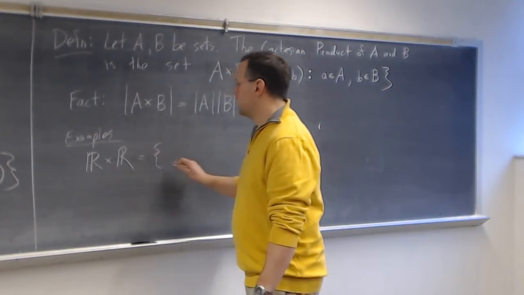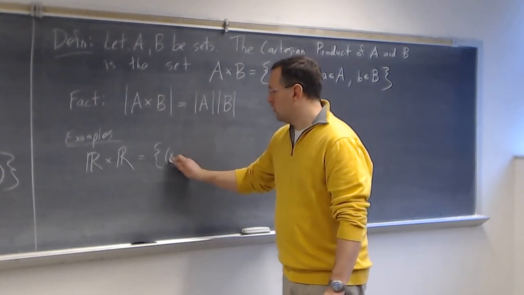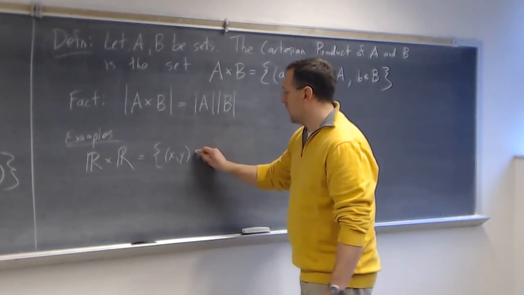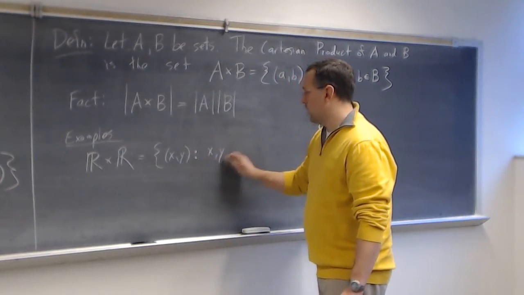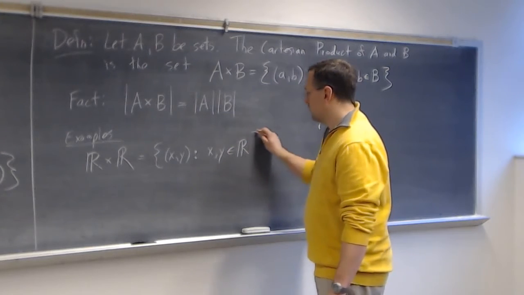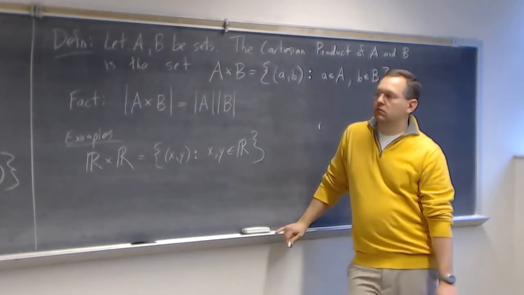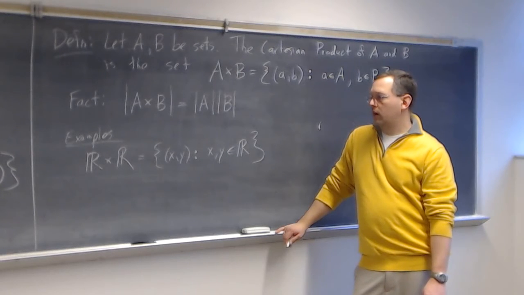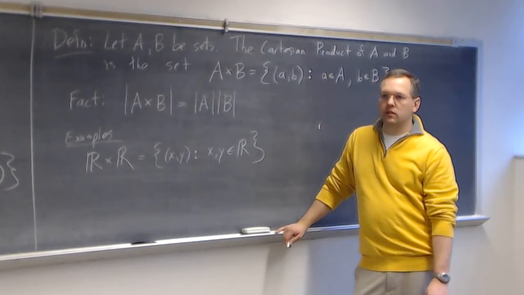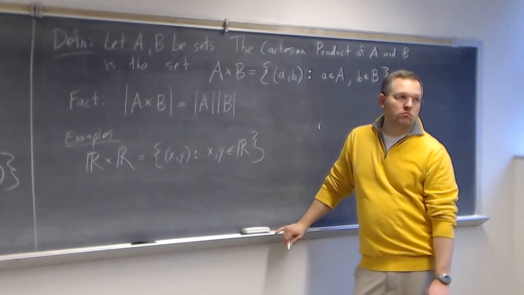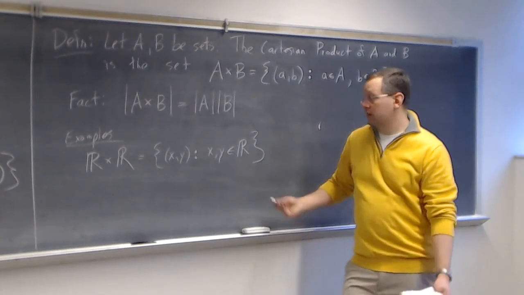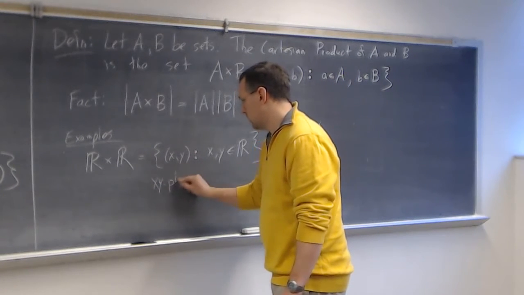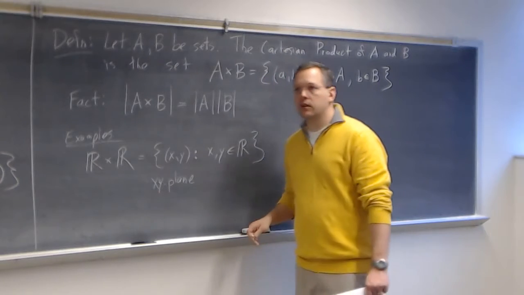By definition, it's a set of all ordered pairs x, y, such that x and y are real numbers. So what's another name for the set of all points where x and y coordinates are real numbers? The plane, yeah, the xy plane. This is just the xy plane, or the Cartesian coordinate plane.